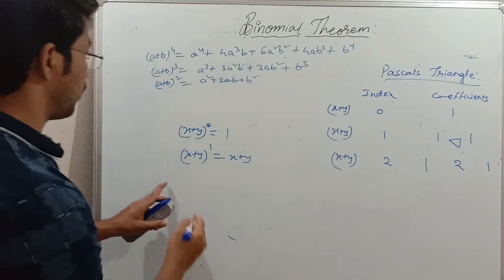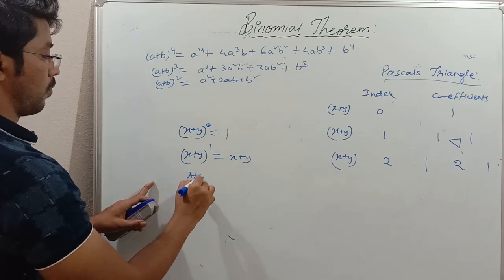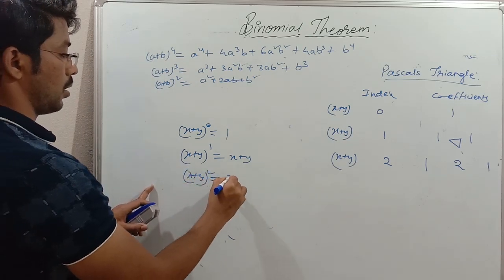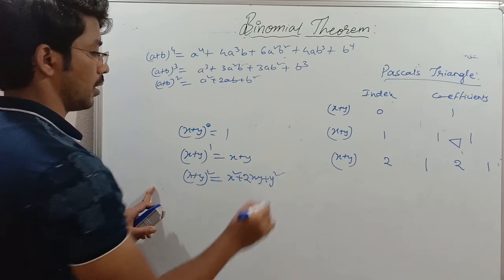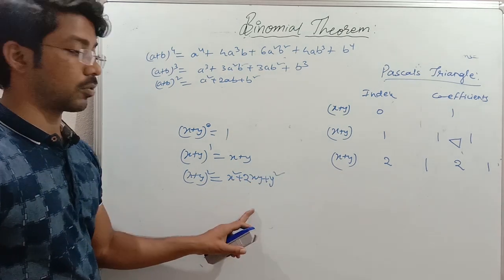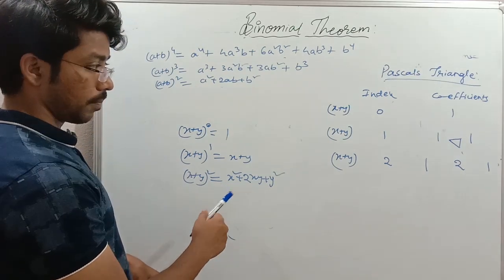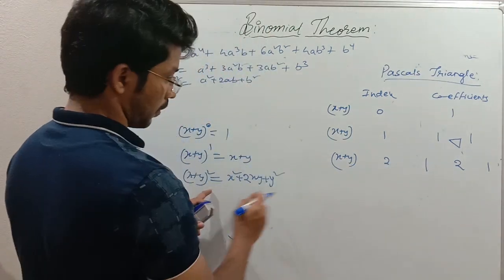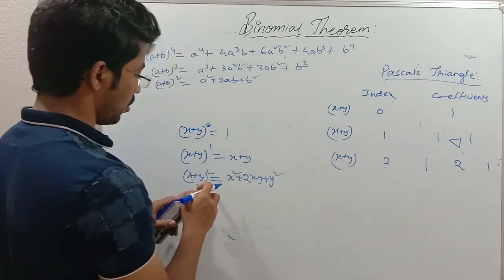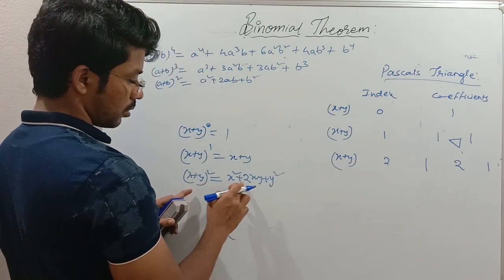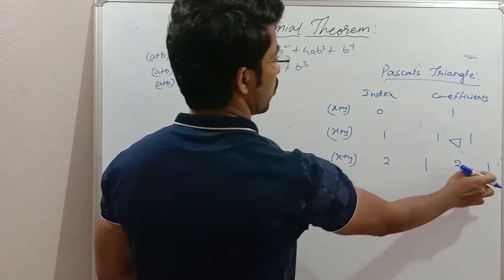Now (x plus y) whole square, x square plus 2xy plus y square, is the expansion of (x plus y) whole square. If we compare the coefficients of this Pascal's triangle when the index is 2, the coefficients are 1 2 1.